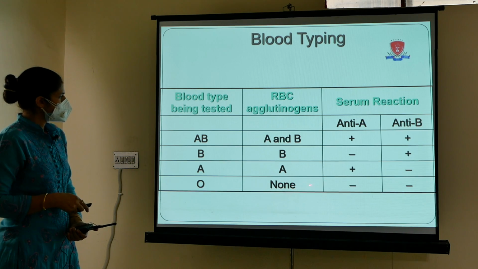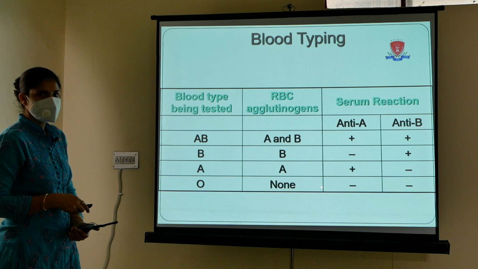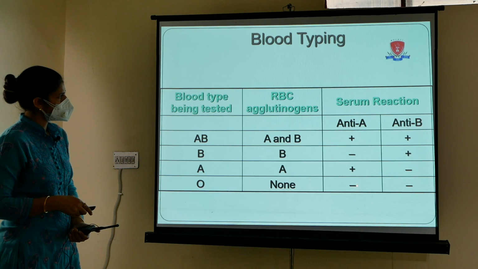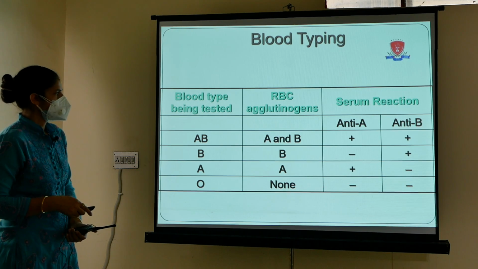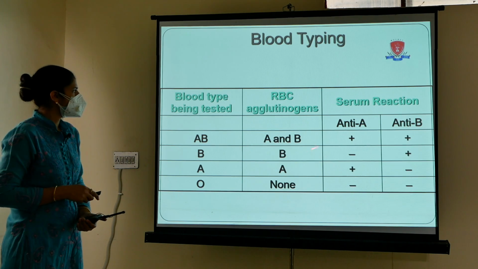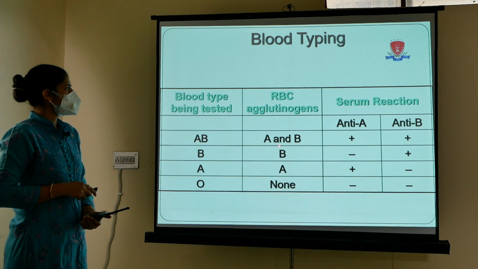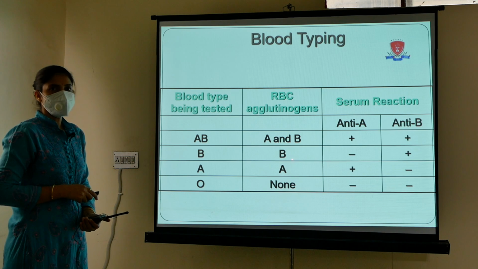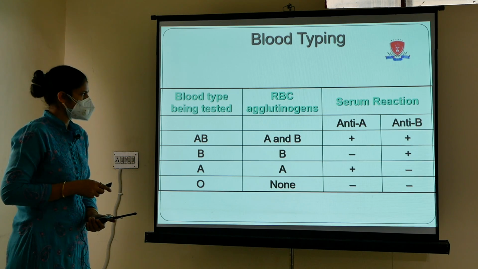That's why this blood group type will not react with anti-sera A or anti-sera B. So on the basis of the presence of antigens on the cell membrane of the RBC, we can determine the blood group of an individual.